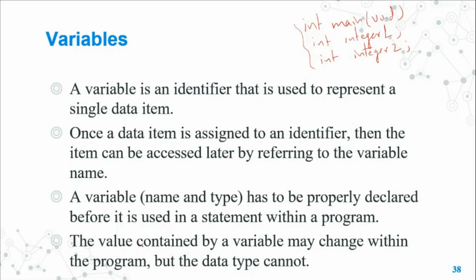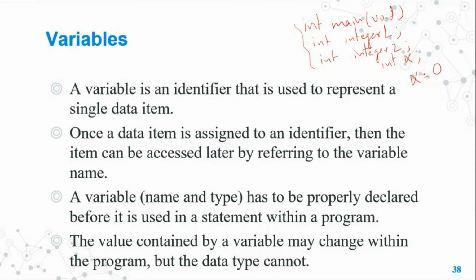The value contained by a variable may change within the program, but the data type cannot. Suppose I have declared a variable x. Initially x can be given a value, say an integer, initially 0.